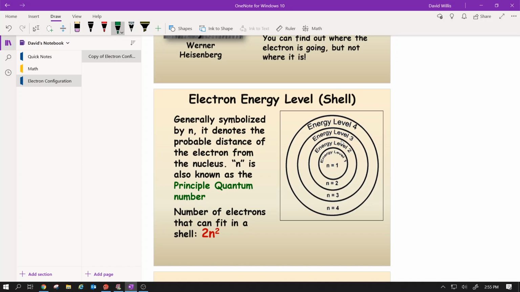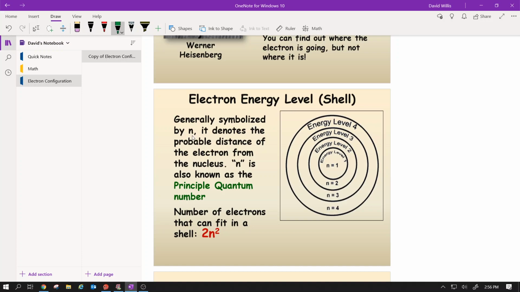All models become untrue at some point, because otherwise it wouldn't be a model; it would be the actual thing. All right, so just appreciate the model for what it helps you understand. And what I want you to understand about this is that we have distinct levels where the electrons are found. And within those levels we have sublevels called orbitals. All right, we'll get to that in a moment.